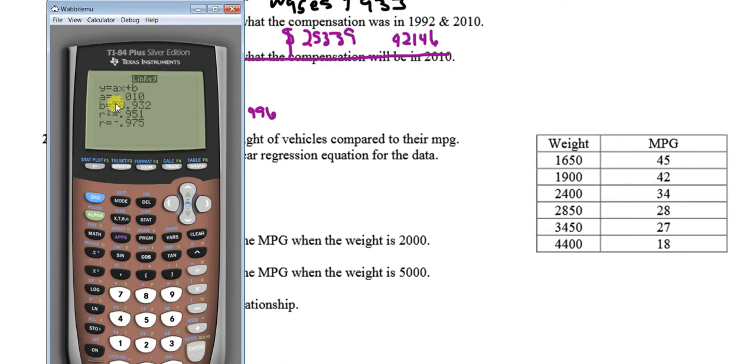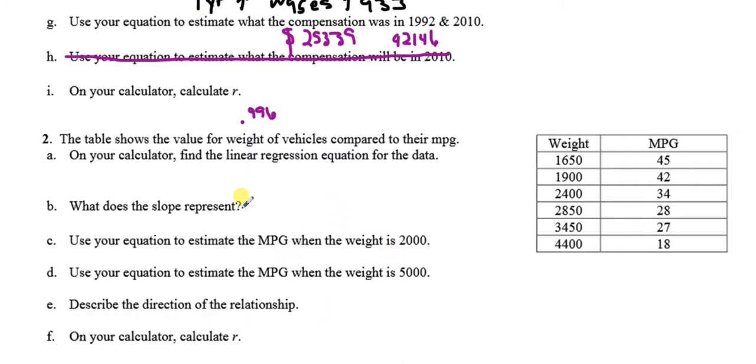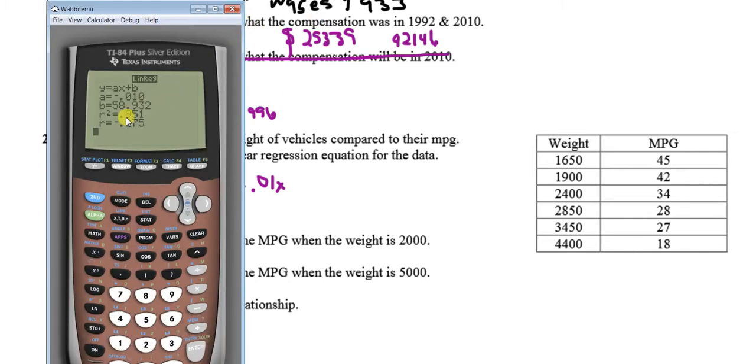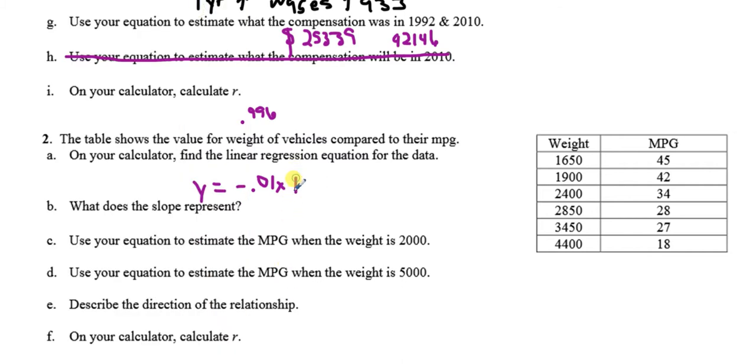And here's my a, negative 0.01x. So y equals negative 0.01x plus 58.9. And in my Y=, I have a little bit more decimal points out.